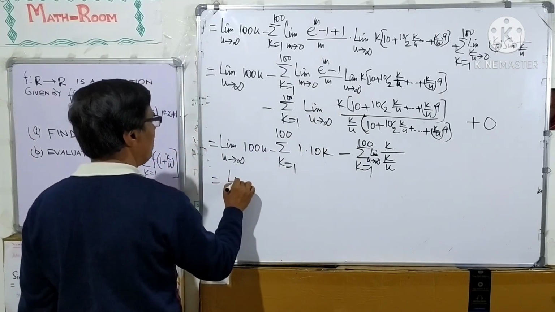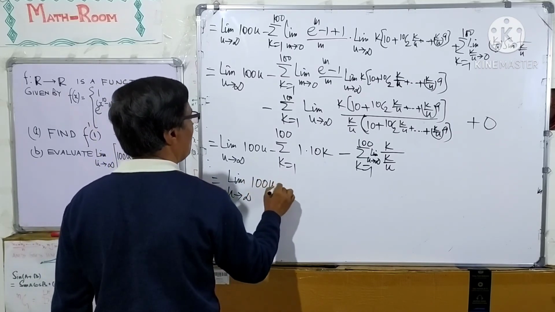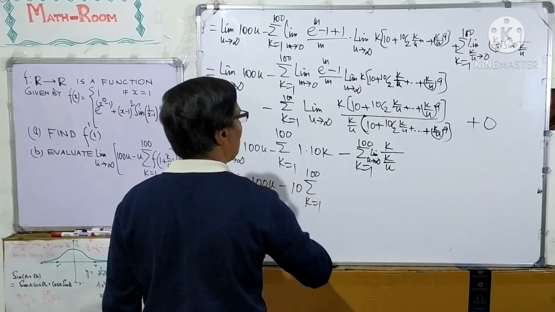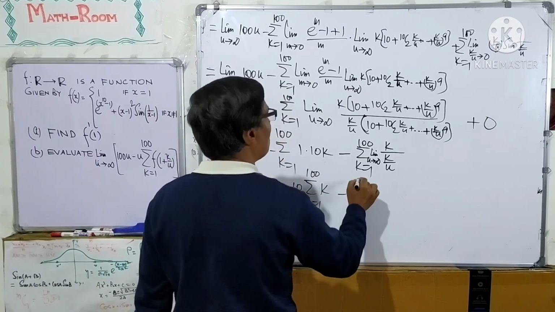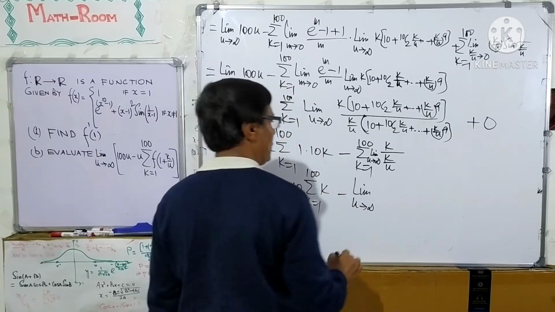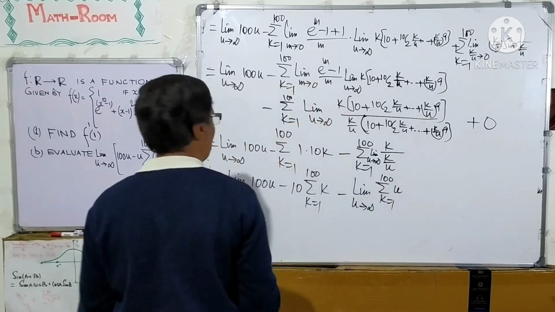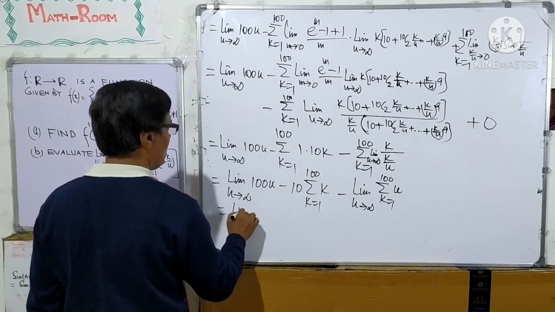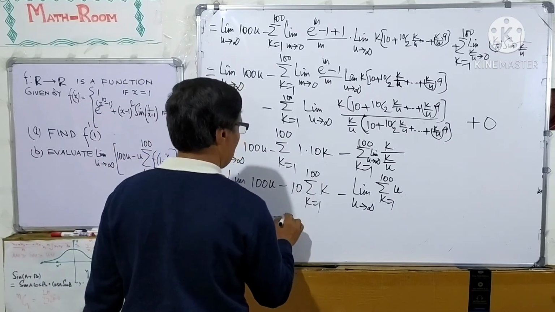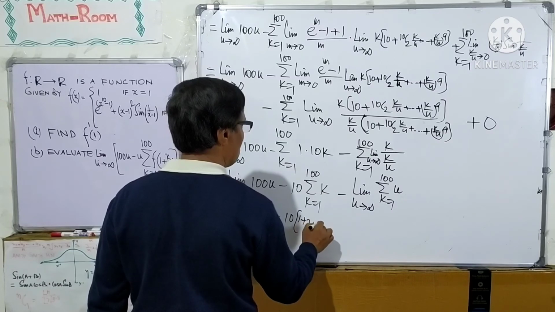Now, the limit as u tends to infinity of 100u minus 10 summation k equals 1 to 100 of k, minus the limit as u tends to infinity of the summation k equals 1 to 100 of u, that is, the limit as u tends to infinity of 100u minus 10 into this value, which is 1 plus 2 plus dot dot 100.